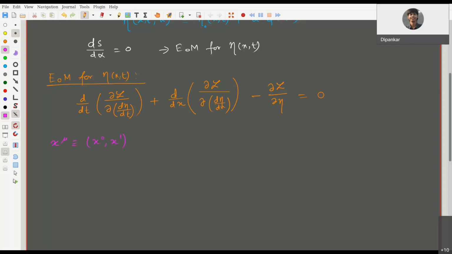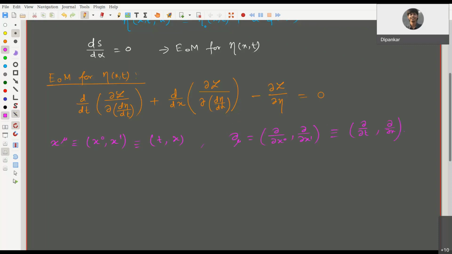Since I have only one space coordinate, I call it x1, and that is equivalent to t and x. Then you can also write del mu equals del x0 and del x1, which is equivalent to del t and del x.